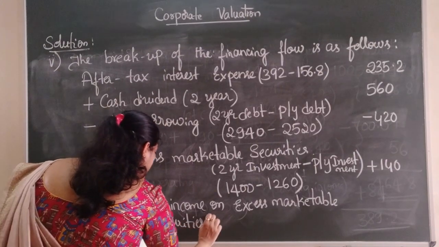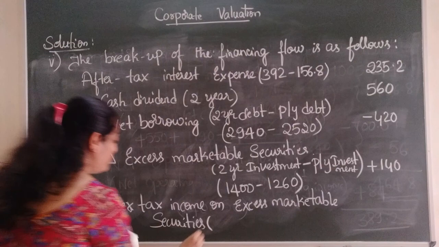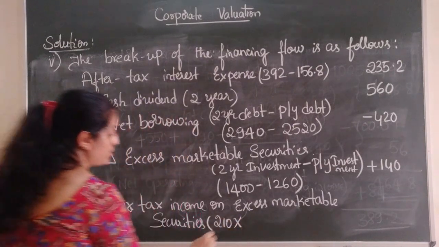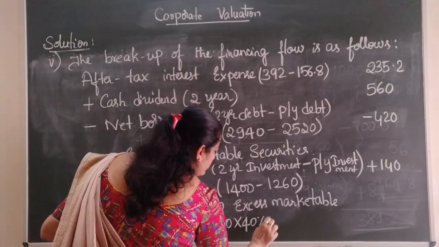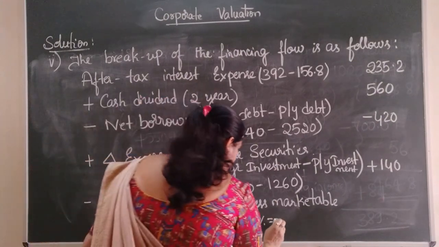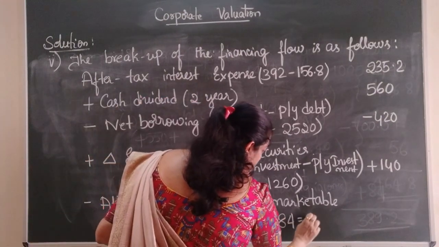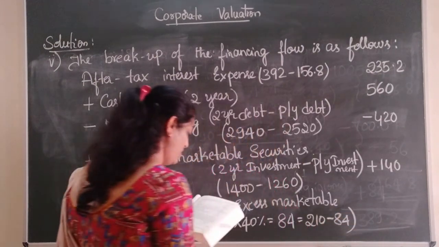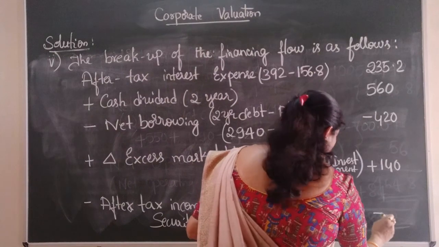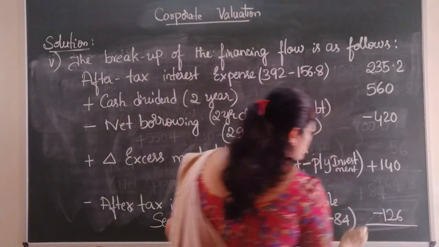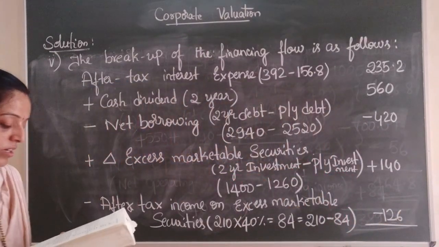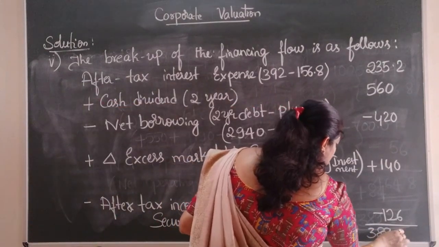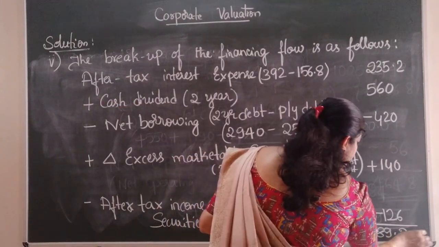How do you calculate this? 210 is the income from marketable securities; after tax means 40%, which gives you 84. So, you do 210 minus 84, which gives the answer as minus 126. So, the total breakup for the second year is 389.2.